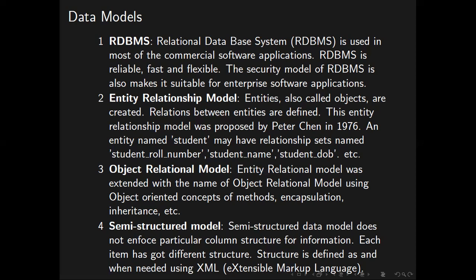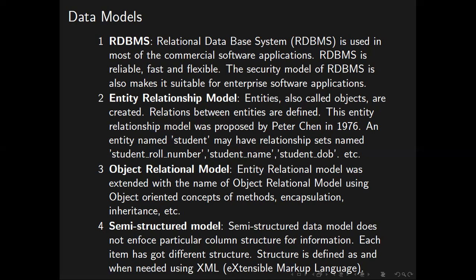It's similar to what? RDBMS. In RDBMS, we create tables, whereas in entities, we create entities or objects. In RDBMS, we have relations. And here also we have relations. Peter Chen proposed this system in 1976.